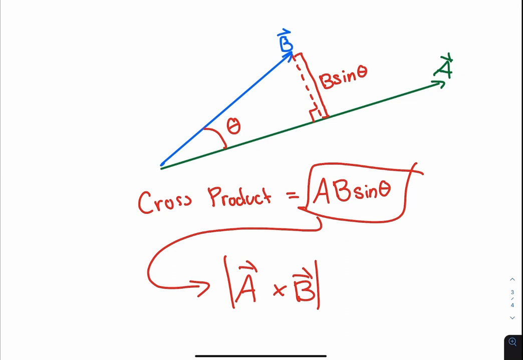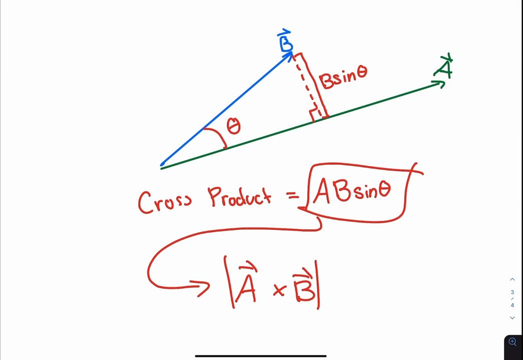Now, you may be asking, if the cross product is a vector, which way does it point? Vectors must have a magnitude and a direction. So what is the direction? Well, it turns out that the cross product is always perpendicular to the plane that holds the two vectors that you're multiplying.